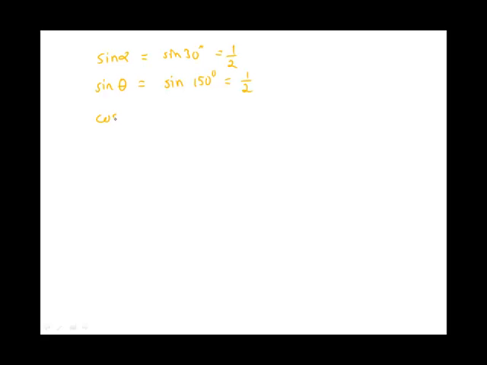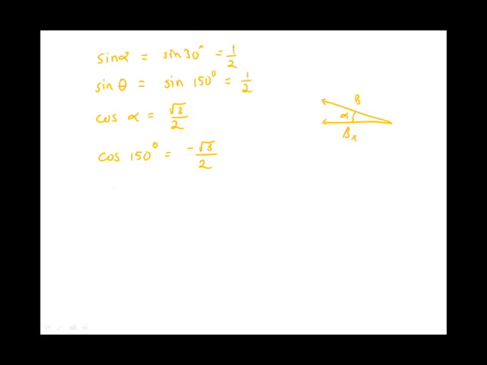But if you look at the cosine of alpha, you're going to get radical 3 over 2. Now remember, cosine is adjacent, and adjacent to alpha was b sub x. This was alpha in here. So the cosine of 30 degrees is radical 3 over 2. But remember that to be precise, we really want the cosine of 150 degrees. And if you put that into your calculator, you're going to get minus radical 3 over 2.